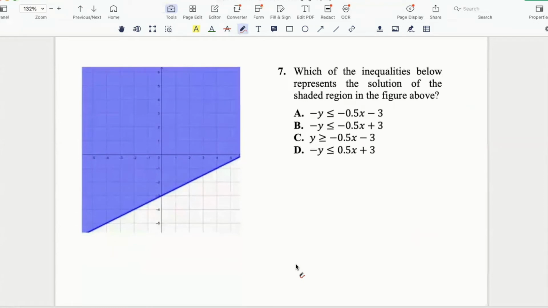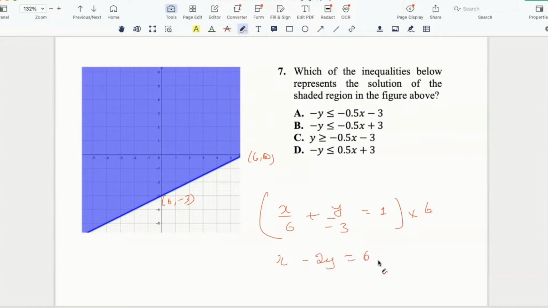Which of the inequalities below represents the solution of the shaded region in the figure above? Okay, so let's find the equation of this line first. So we have (0, -3) and (6, 0). So x by 6 plus y by -3 is 1. If we multiply the whole equation by 6, we'll get x minus 2y is 6, right?